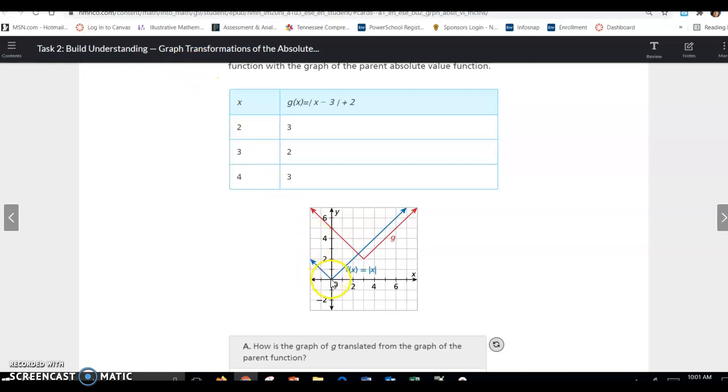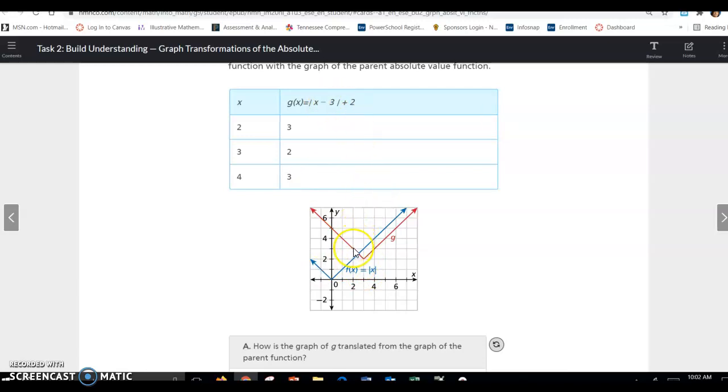You can see that the blue function here is the parent function, f of x equals absolute value of x. We looked at that in task 1, how the vertex is at 0, 0, and it has a slope of -1 on the left side and +1 on the right side. So let's evaluate g of x, the absolute value of x minus 3, plus 2. You can see that it has moved to the right 3 and up 2. So your vertex is determined by h and k.